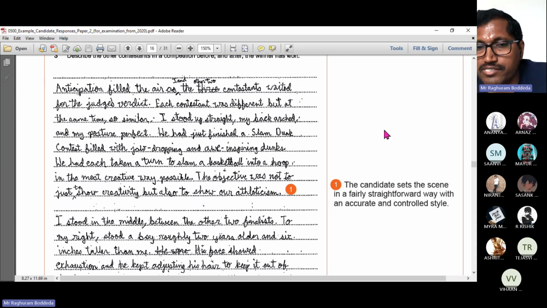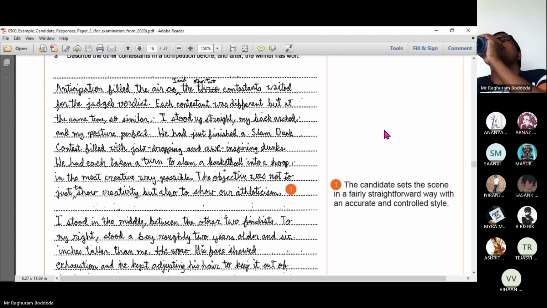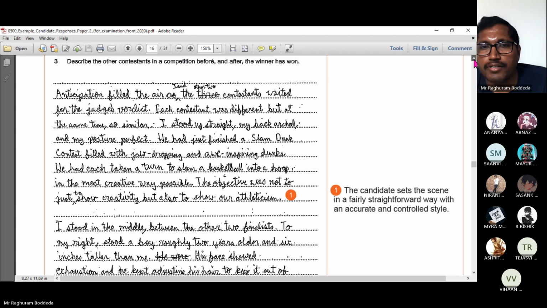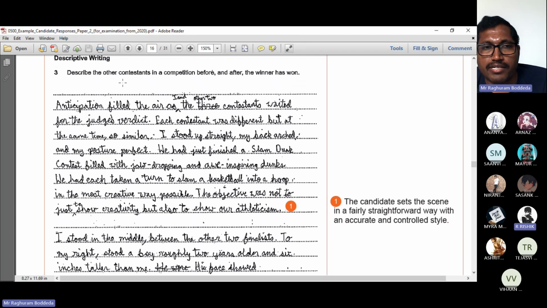Now you tell me what you understand about this paragraph. This is a different exercise, a different student sample to the previous one. Did you read the question? The question is clearly stated here: describe other contestants in the competition before and after the winner has won.